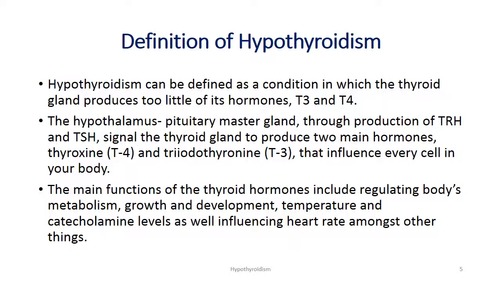When these hormones are produced, they influence every cell in the body, and their main function is regulating body's metabolism, growth, development, temperature, and catecholamine levels, as well as influencing heart rate, amongst other things.